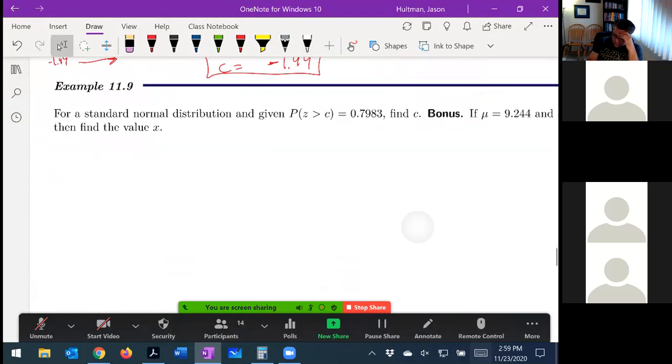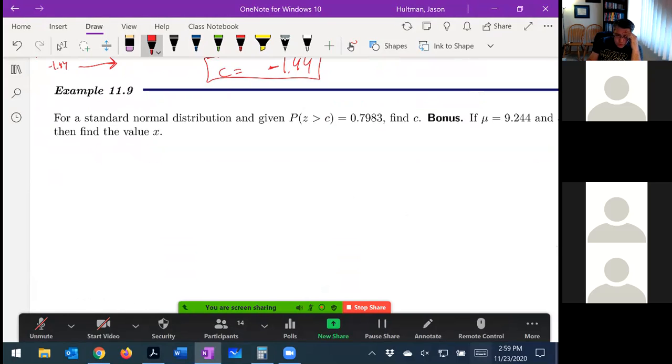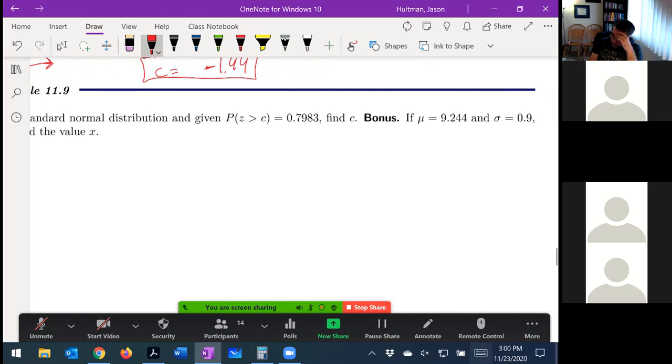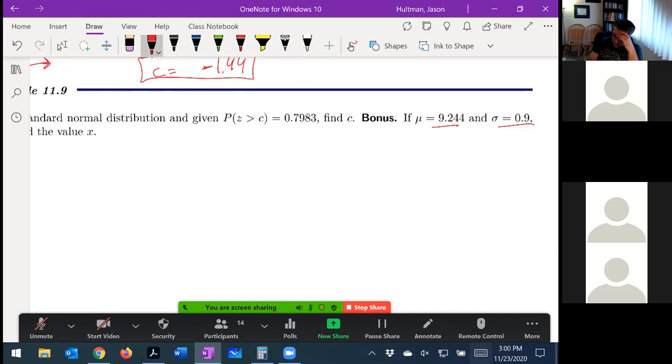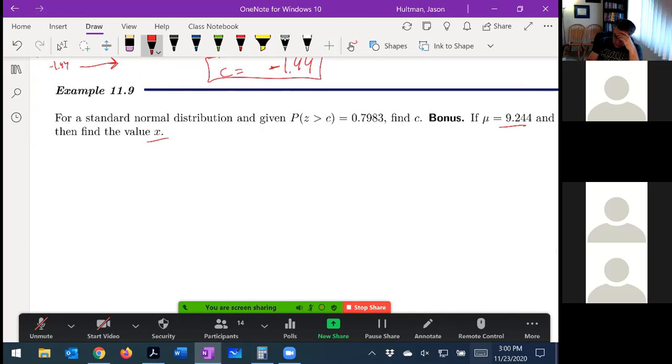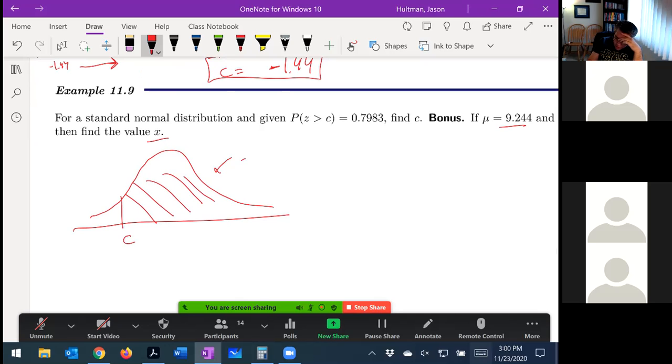Okay, for a standard normal distribution, given z is greater than 0.79, find c. Bonus: if mu is this and sigma is this, then find the value of x. Again, very similar to the problem we had before. We want to find c such that the area is 0.7983.